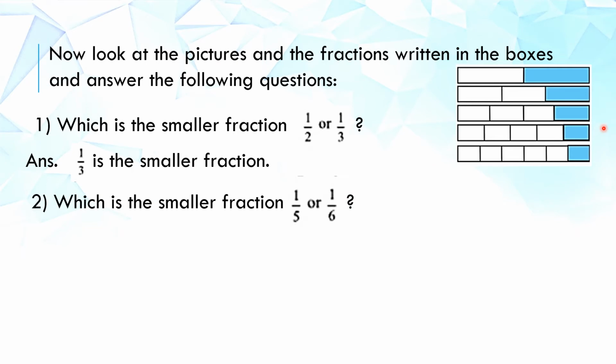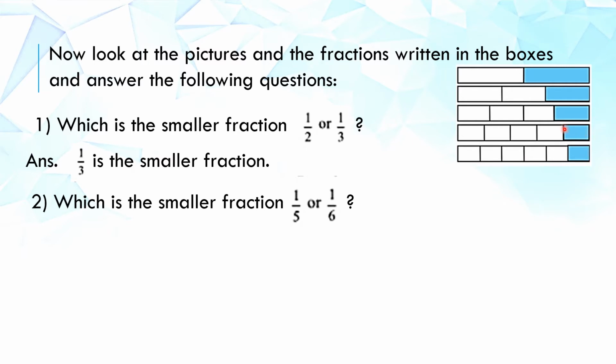Next, which fraction is smaller, 1 upon 5 or 1 upon 6? So, here 1, 2, 3, 4, 5. This is 1 upon 5 and here 1, 2, 3, 4, 5, 6. This is 1 upon 6.